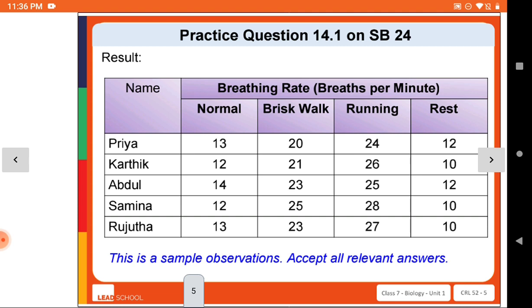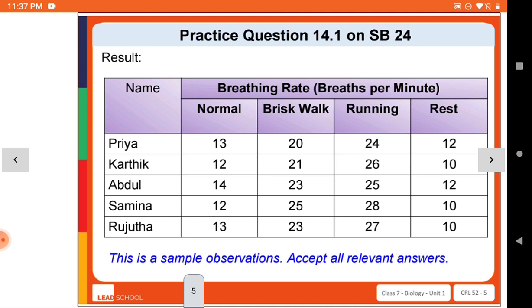The first person is named Priya. Her normal breathing rate per minute is 13, after a brisk walk it is 20, and after running it is 24. When Priya is at rest, her breathing rate is 12.